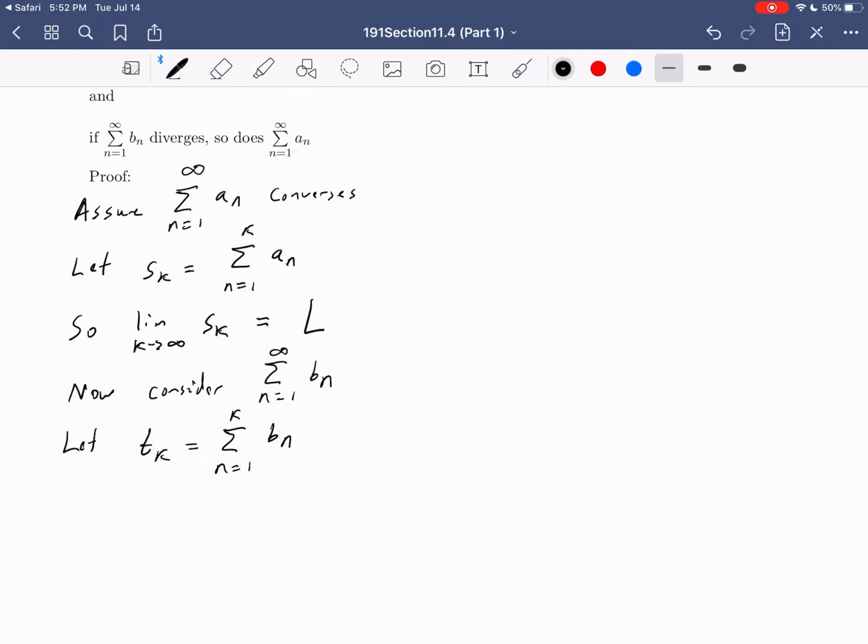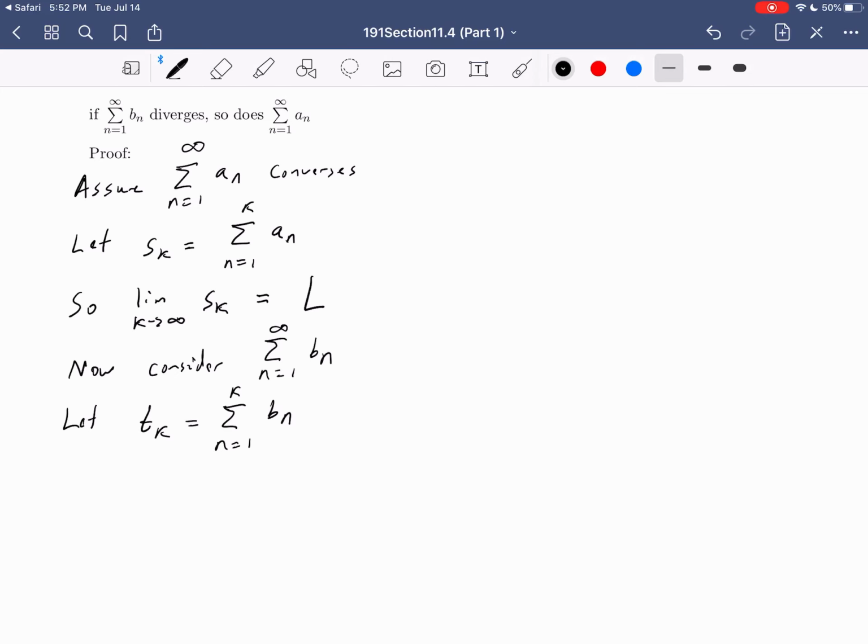The first thing we'd like to notice is that t sub k is always less than or equal to s sub k, since b sub n is always less than or equal to a sub n for all n. That should make sense, right? If the terms b sub n are smaller than the terms of a sub n, then summing up all the b's is always going to be less than or equal to summing up all the a's.